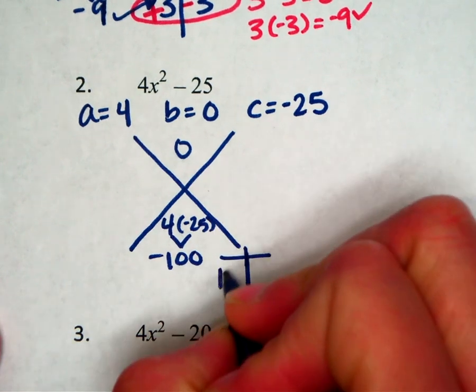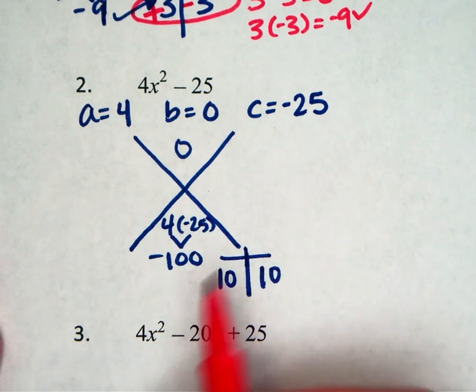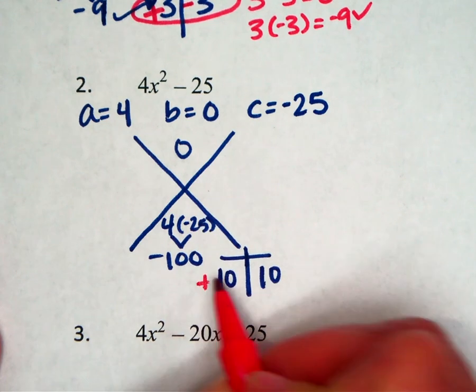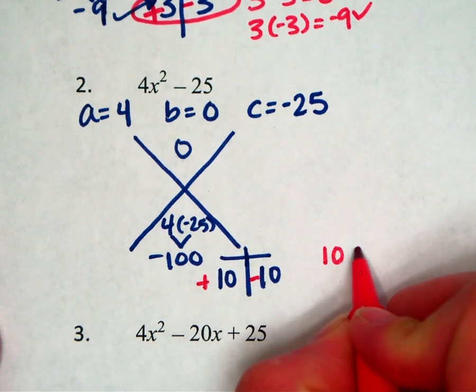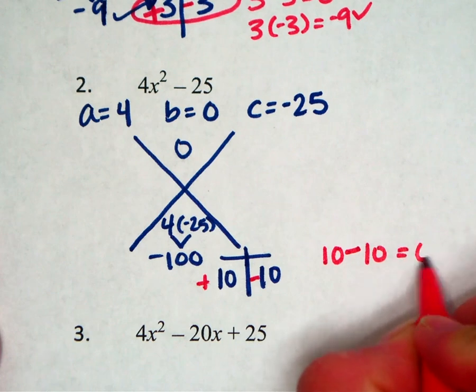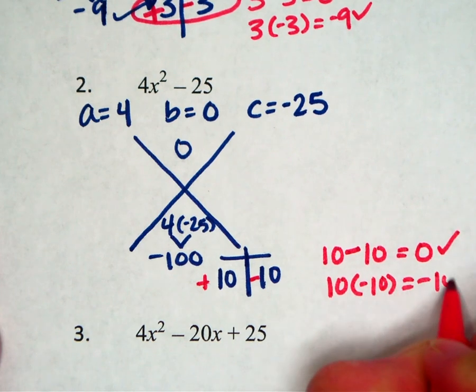So I automatically think of 10 and 10. Well, if I multiply 10 and 10, I get 100. If I start to change my signs, because -100, one's positive and one's negative, I test it out. 10 minus 10 is 0. And 10 times -10 is -100.